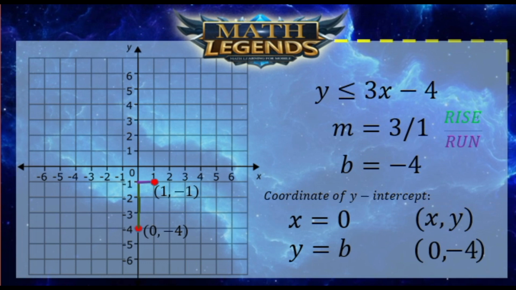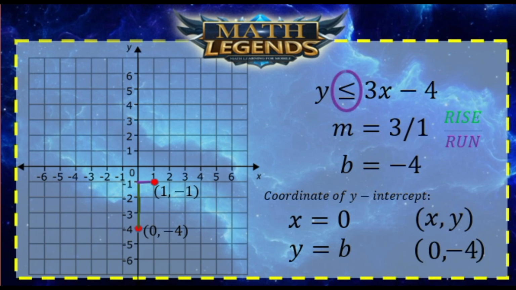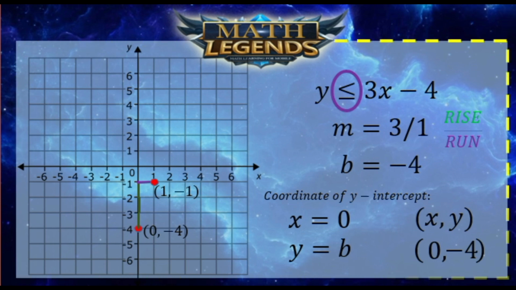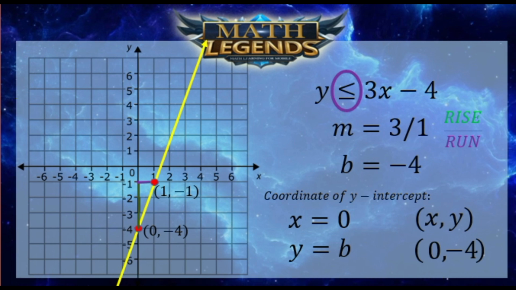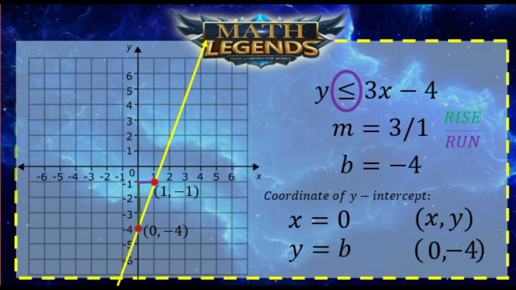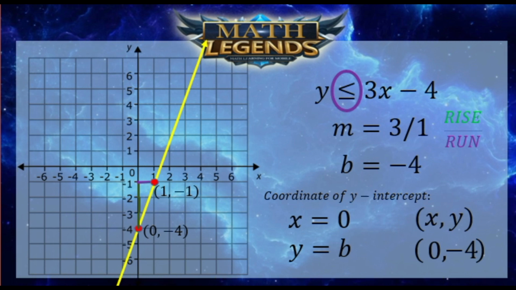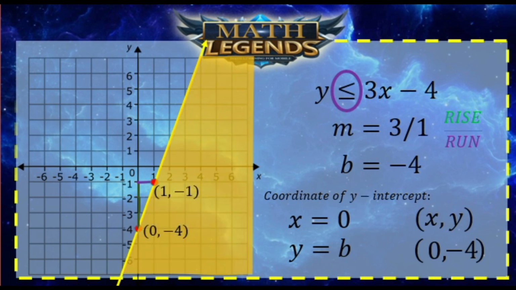Now, let's take a look at our linear inequality sign. So here we have less than or equal to. So therefore, we're going to use a solid line representing that the line itself is included in our given linear inequality. And since it is less than, we're going to include those values that are below the line. So the graph of our linear inequality will become like this.